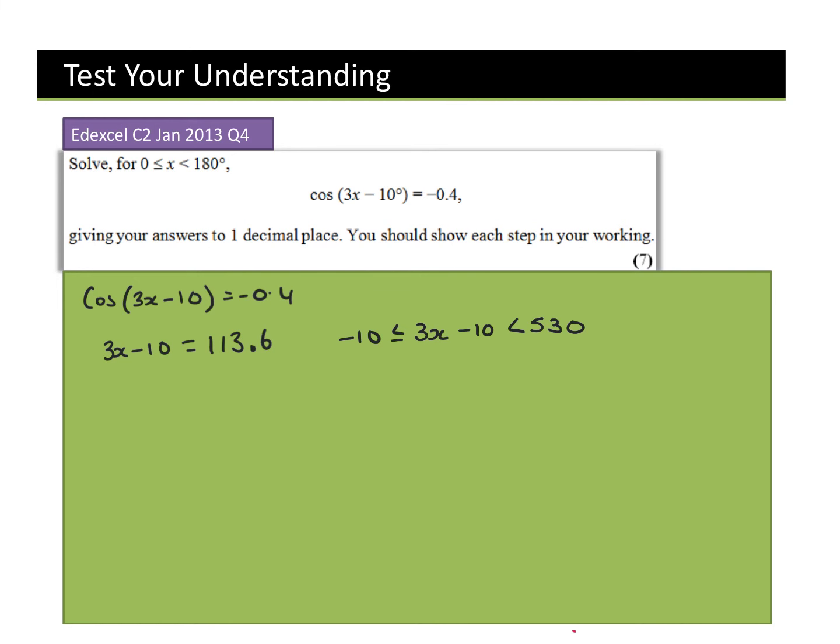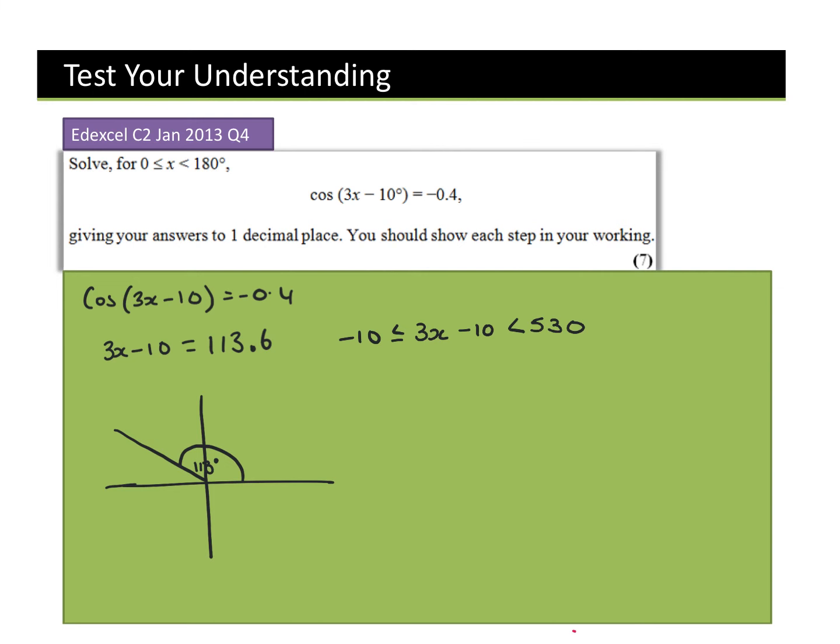I now need to set up my diagram. So, 113 degrees, if this is 0, we're going to be over here somewhere. Okay, this is 113 degrees, that angle. Now, this is cos, and with cos, we reflect it in this line here.